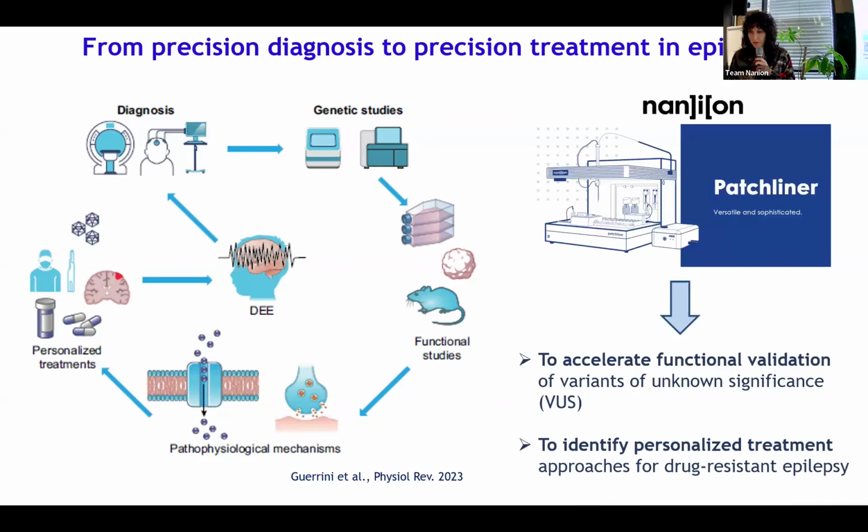We are going to acquire the Patchliner, and we want to work with this patch clamp because we think that we can accelerate the functional validation of VUS, but also that this instrument can facilitate the identification of treatments for these patients.